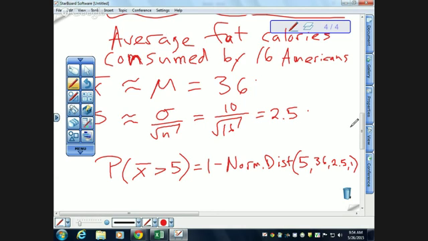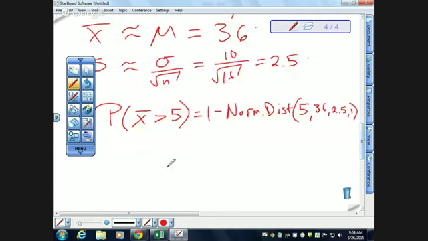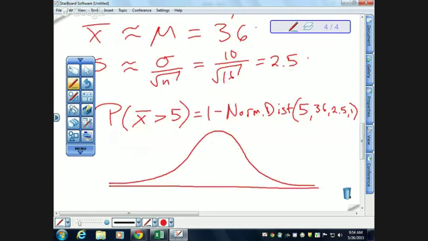Let me do a quick sketch of that. If 36 is in the middle, then just to the left of that, minus 2.5 gives me 33.5. Minus 2.5 again gives me 31. Minus 2.5 again, 28.5.